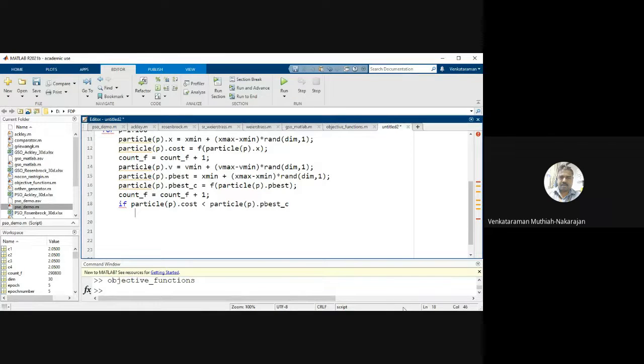If personal best is not smaller than the particle cost, as this line has indicated, you have to update that as a particle best. Any questions at this stage?